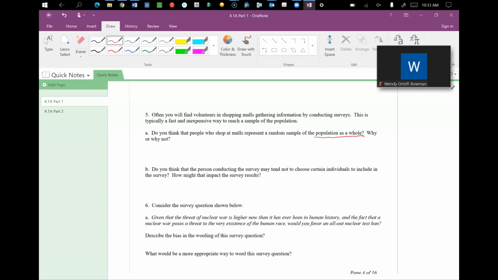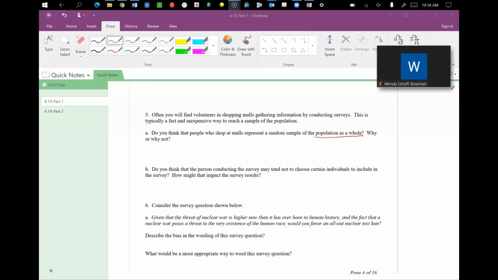And that can happen just like selecting random rectangles can lead to a bias. Even if they are randomly selected, the subjects that we are selecting, those people shopping at this mall, in all likelihood are not a good representation of the entire population of the U.S.